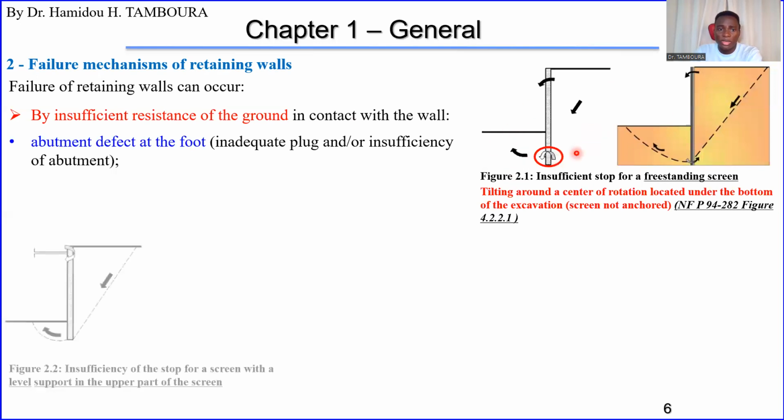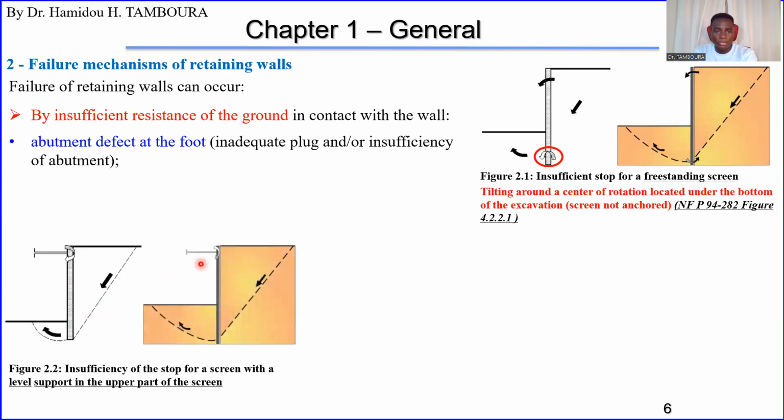This is the first example. The second example is when we decide to bring support at the upper part of the structure. Remember, in the previous case the wall was self-standing, with no support at all. Here we decide to bring support at the upper part of the wall. In this case, we may have rotation, the same case here, just with color.